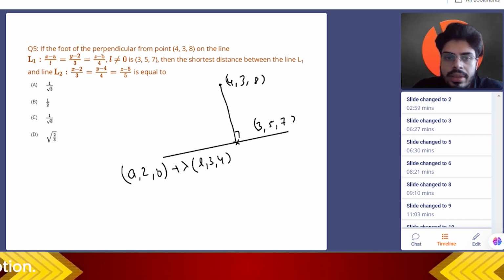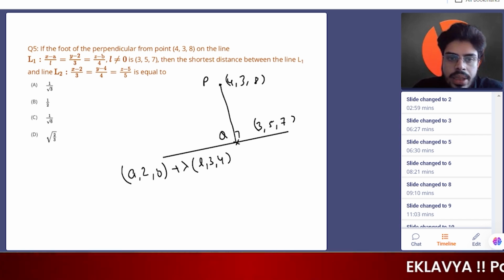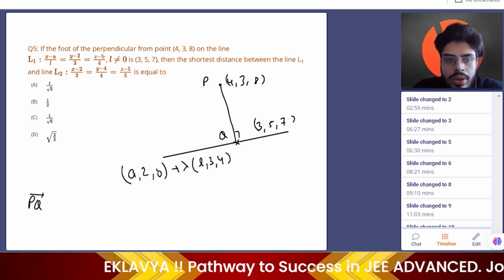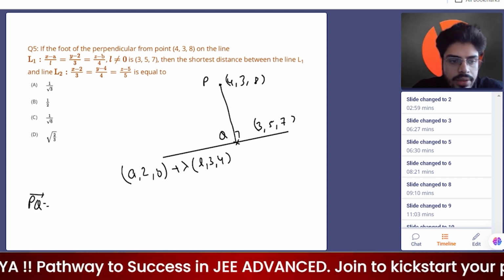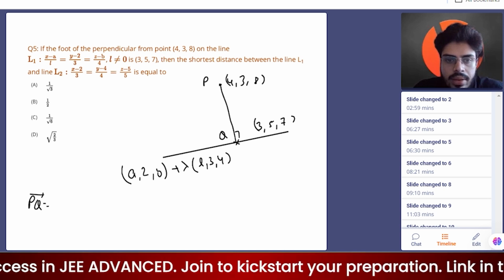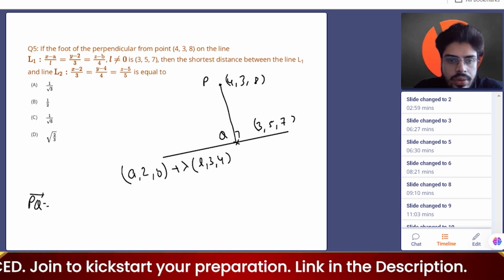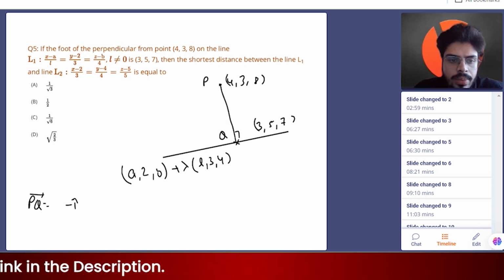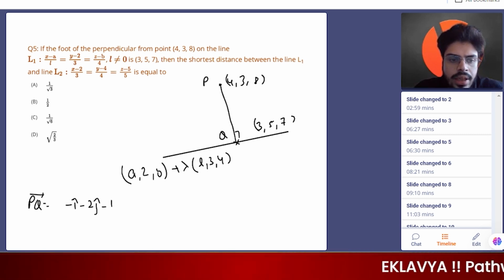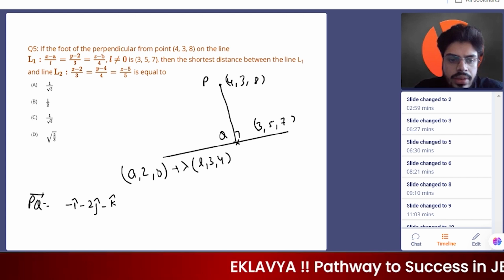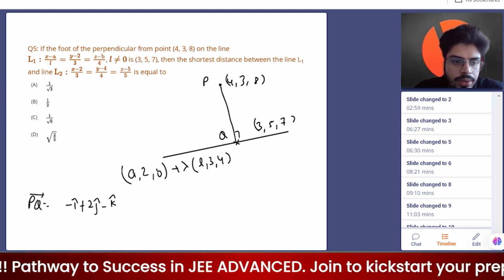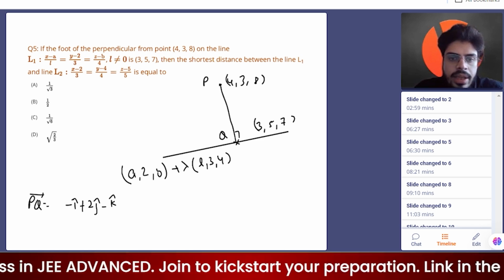So perpendicular means, let's say this is PQ. So what will this PQ vector be? You can write 3 minus 4, or 4 minus 3, anyway. So I'll write 3 minus 4, minus i cap, 5 minus 3 will be plus 2 j cap, sorry, and 7 minus 8 will be again minus 1 k cap.